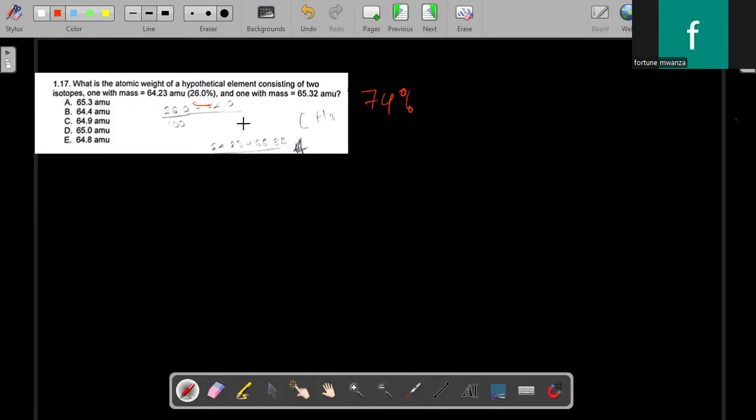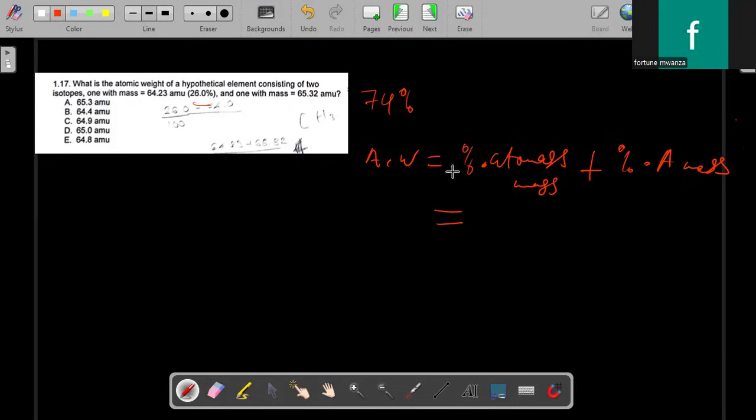Now they're asking to calculate the atomic weight. The atomic weight in that case is given by the percent abundance times the atomic mass for isotope 1, plus the same for isotope 2, the percentage abundance times atomic mass, so you get the summation.